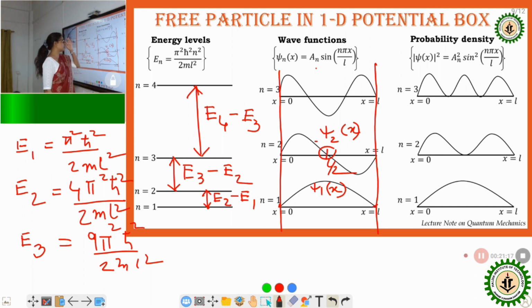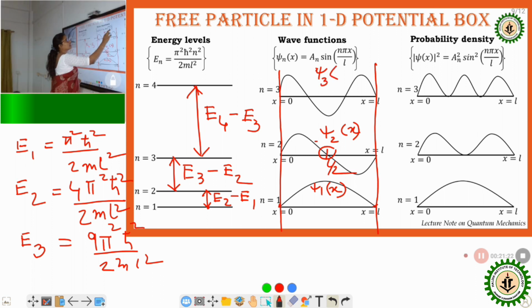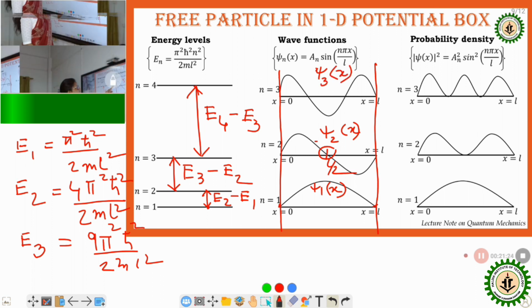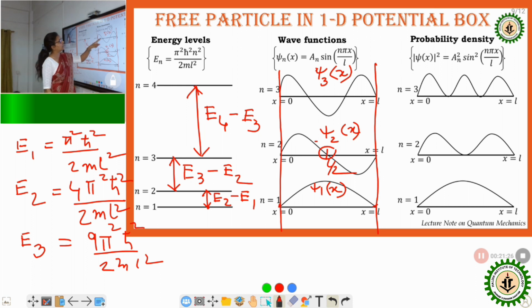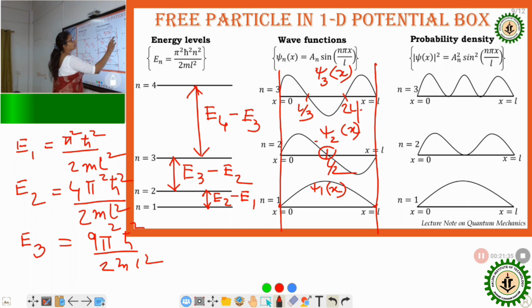And here you see the wave function for psi 3(x). Here the nodes are at x equals 0, x equals L by 3, x equals 2L by 3, and x equals L. That means 1, 2, 3 and 4: there are 4 nodes for psi 3(x).